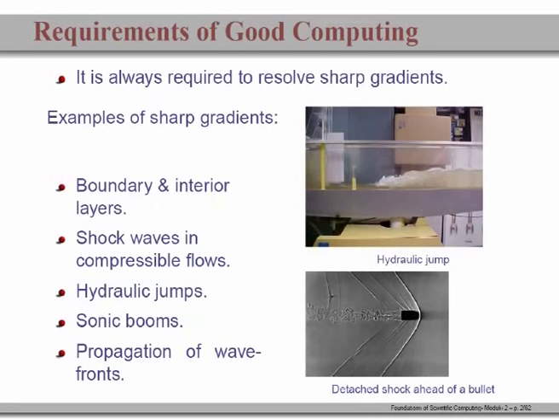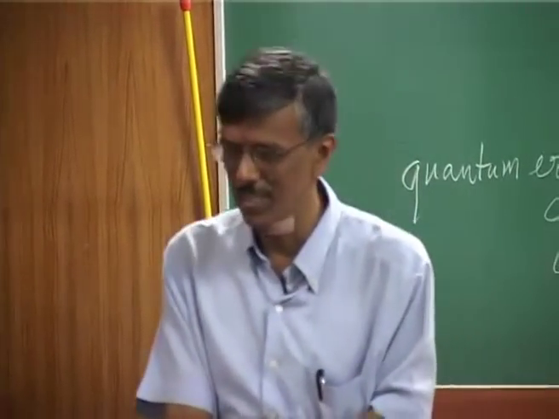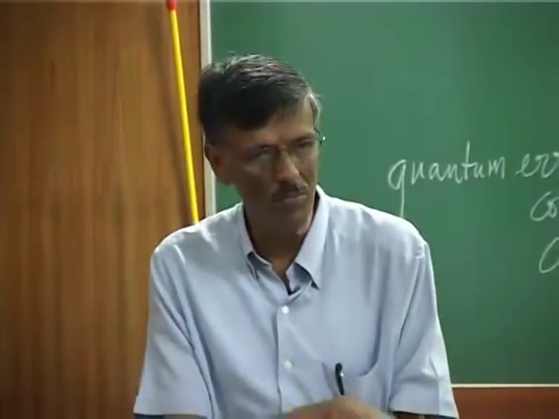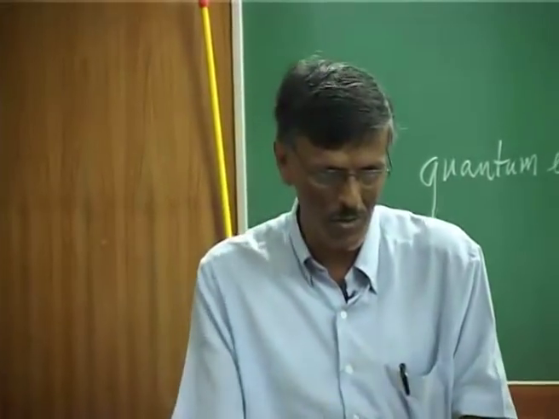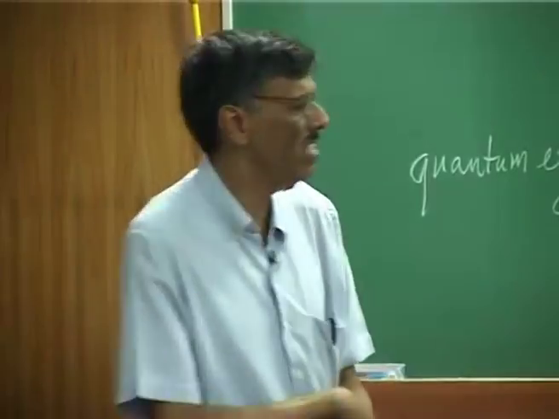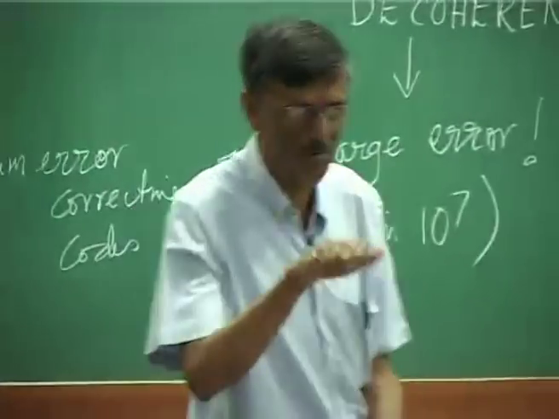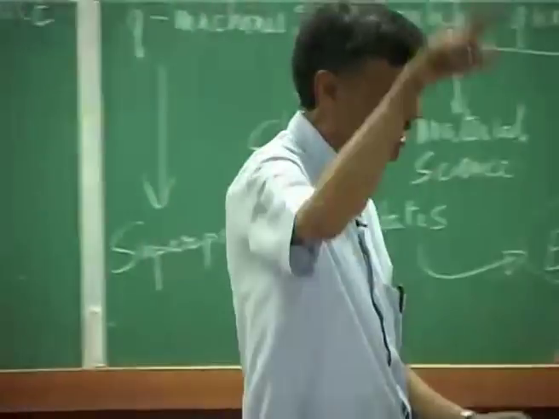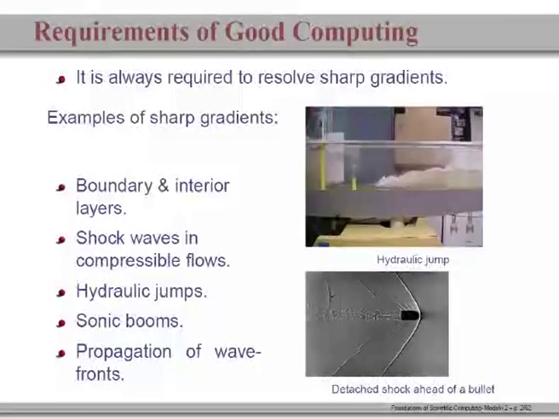The first one is familiar to those of you who probably have taken courses in fluid mechanics, right. So, you see that if you look at a flow over a body, very close to the body near the boundary, you have a sharp gradient. The flow velocity increases rather sharply near the body, because at the body the velocity is 0, but then it keeps growing very rapidly. So, you get what you call a boundary layer. If such a phenomenon is happening not near the boundary, but in the interior of the domain, then we call them interior layers.